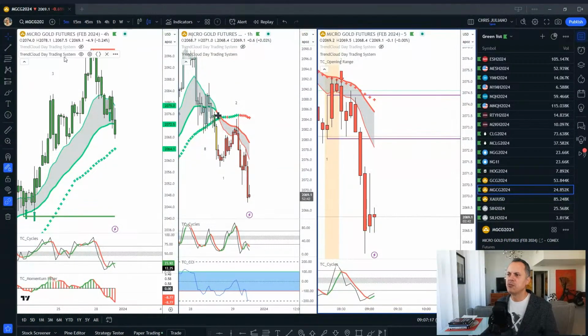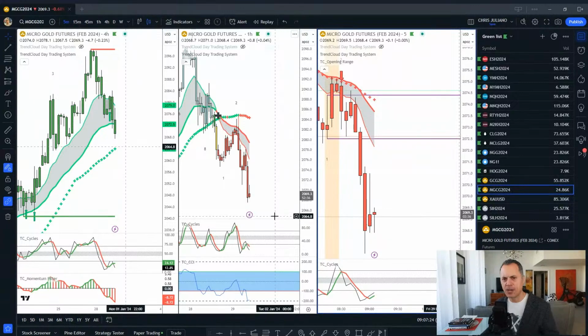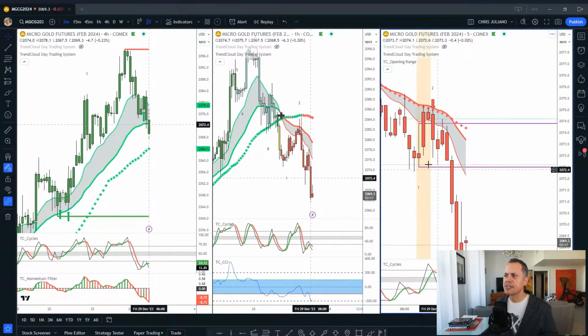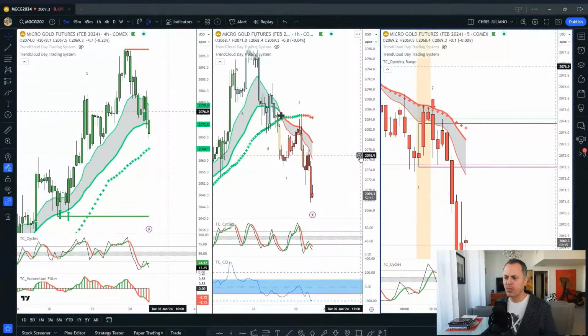But if you know how to use a system and map out price action and understand how to set trades up using TrendCloud, then you can have a very good conversation with a financial advisor. Just understanding how to read price across 3 time frames is a very powerful skill to have.